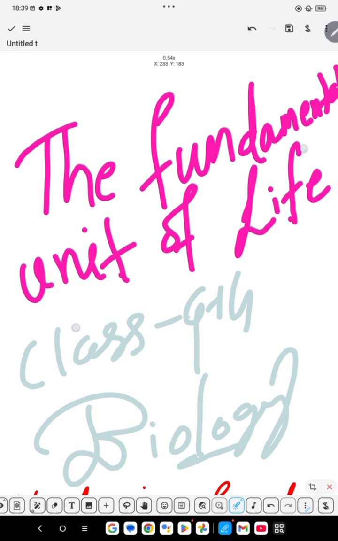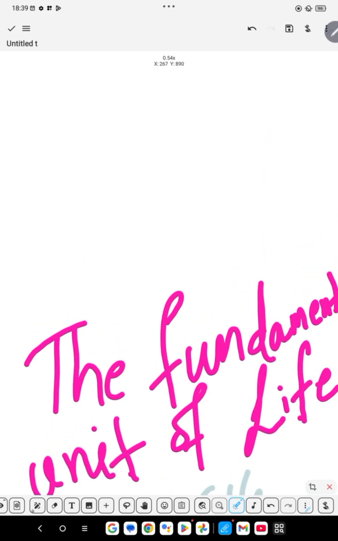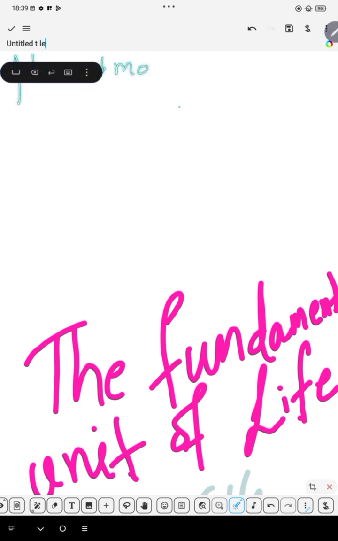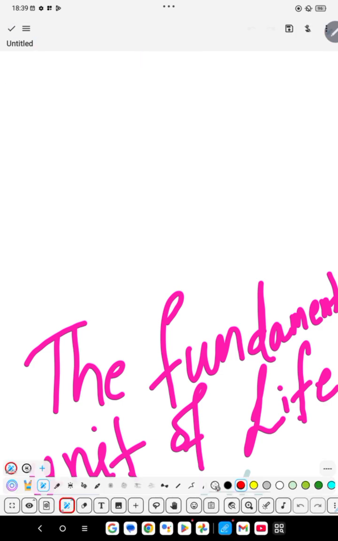So for example, before entering, let me tell you one thing. In the earlier chapters, like chapter 2, you discussed atoms and molecules, right? They are the basic and fundamental unit of matter, like atoms, and from atoms we get molecules, right?